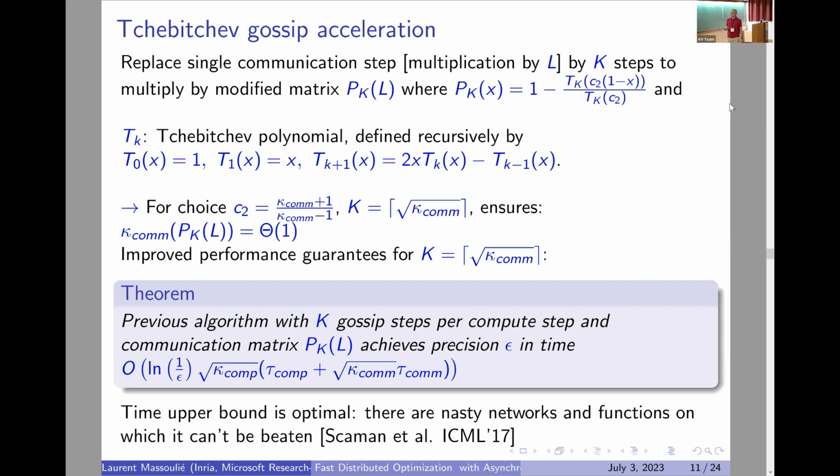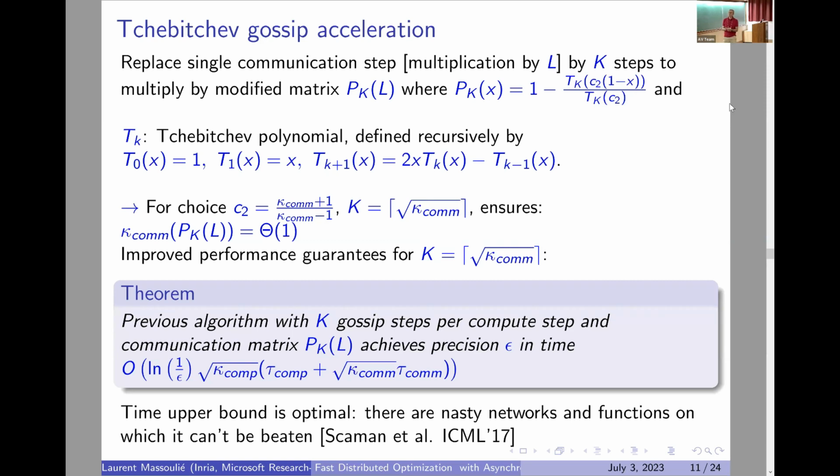Well, if it's very long to compute, then it can make a significant difference. And I guess the main point was that you cannot, in general, improve upon that result. That's as good as it gets, because we can find nasty functions and nasty networks on which this cannot be improved upon.